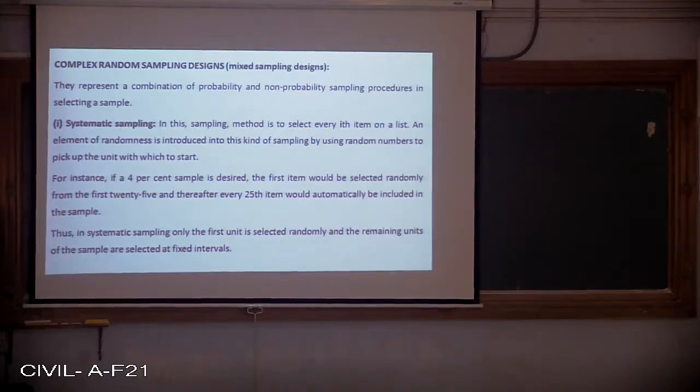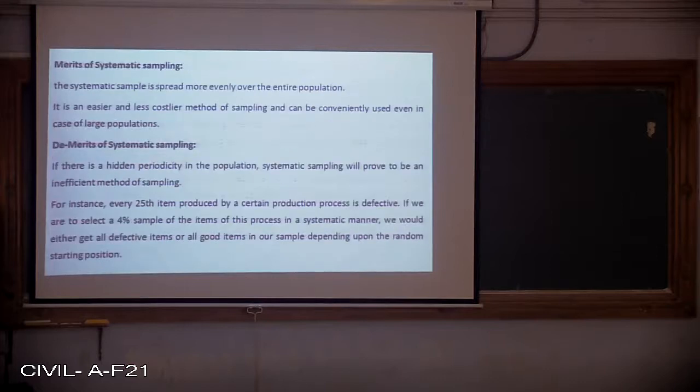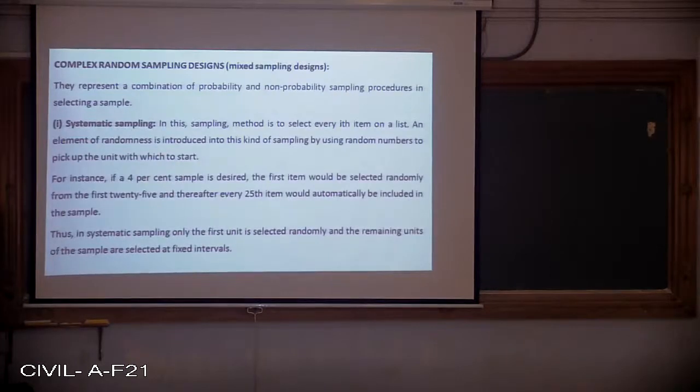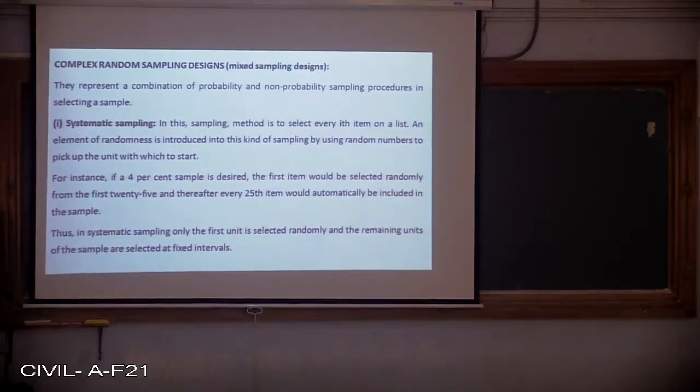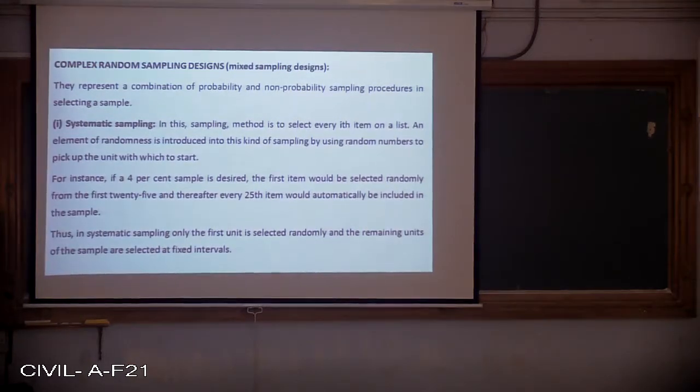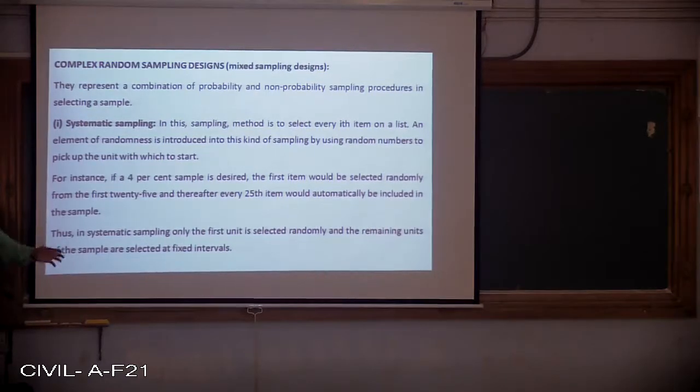For instance, if a 4% sample is desired, the first item would be selected randomly from the first 25, and thereafter every 25th item would automatically be included in the sample. So even though the sampling design is complex, systematic sampling is done here.